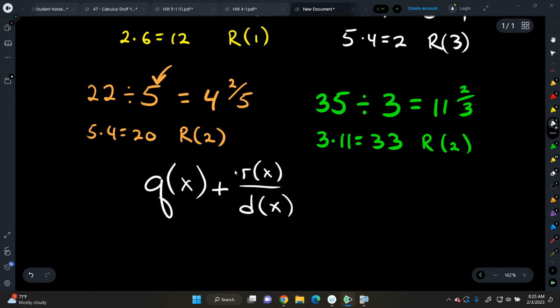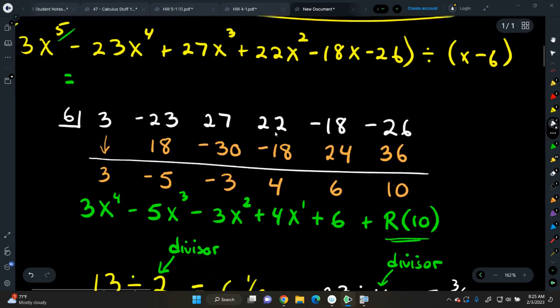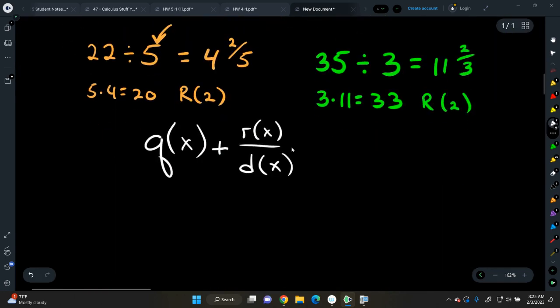Okay, this is one of those things. Now that I'm showing you this, you'll see it and you'll be like, oh, that's what it means. Every once in a while on a standardized test or an SAT or something, you'll have a problem where they'll ask you to divide a polynomial like this, and they'll say, represent your answer in this form.